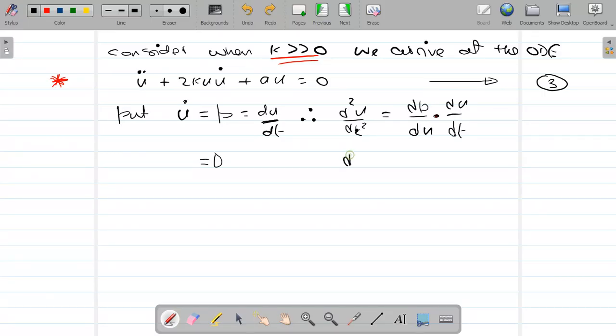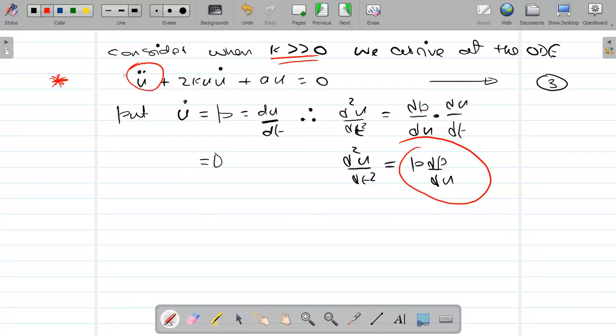So we've got d squared u by dt squared. That needs to look more like a t as well, doesn't it? So that's equal to p dp by du. So we substitute this in for the second derivative of u, and we substitute p in for the u dot, right?